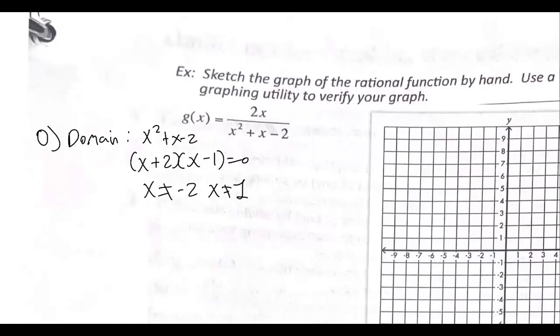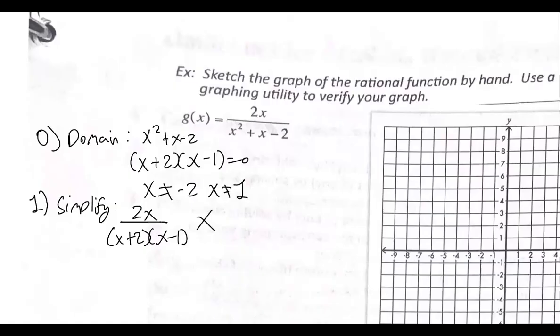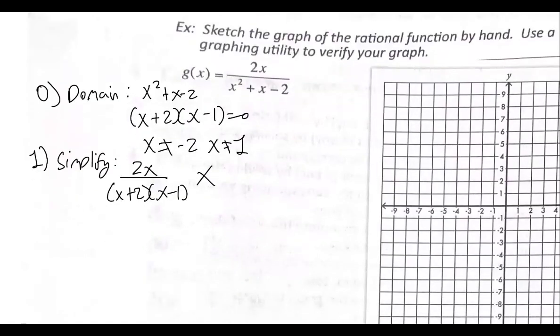Part 1 is to simplify. In this case, we have 2x and then the factored form of the denominator, x plus 2, x minus 1. Unfortunately, we can't simplify. We can't reduce. So no reduce. So number 1 is already done.